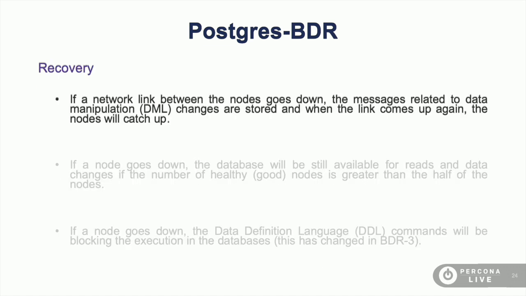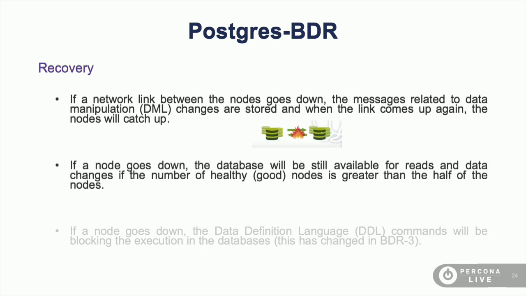The recovery component. How does recovery work? If a network link goes down, the messages are piled up, and here I'm talking about the database manipulation commands, which are all stored, and when the link comes back up again, the nodes will catch up. If a node goes down, what happens? The database is still available, provided that half of the nodes are still running and in healthy status.